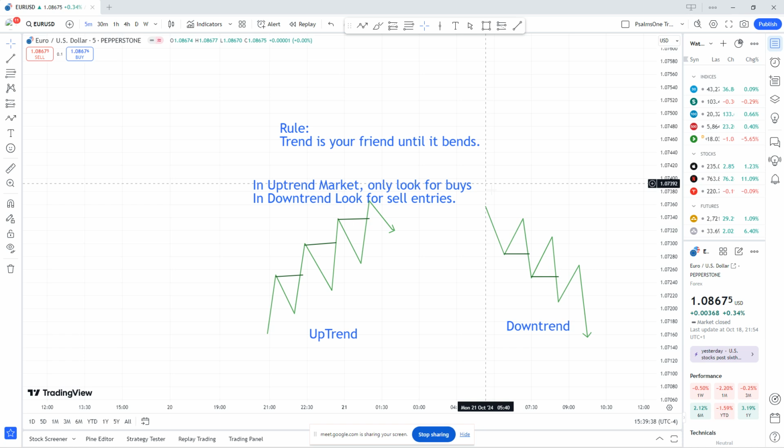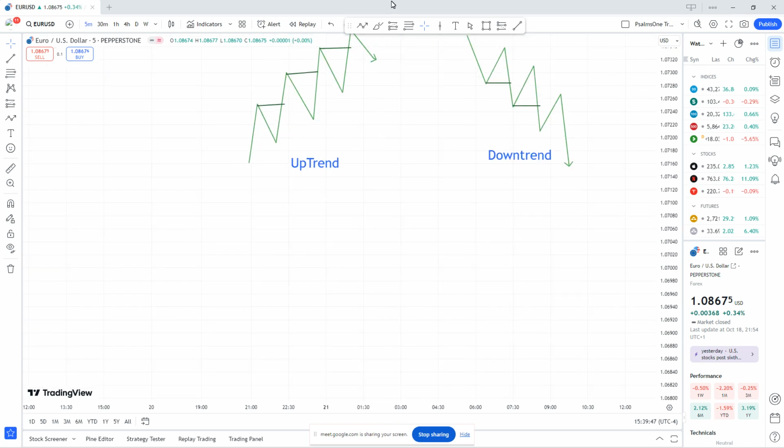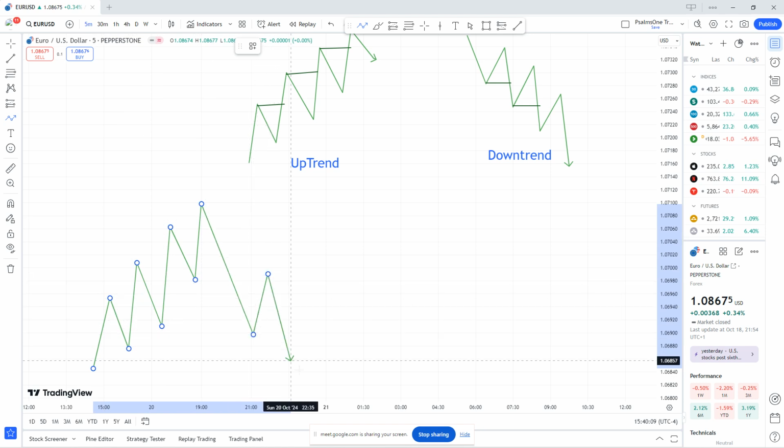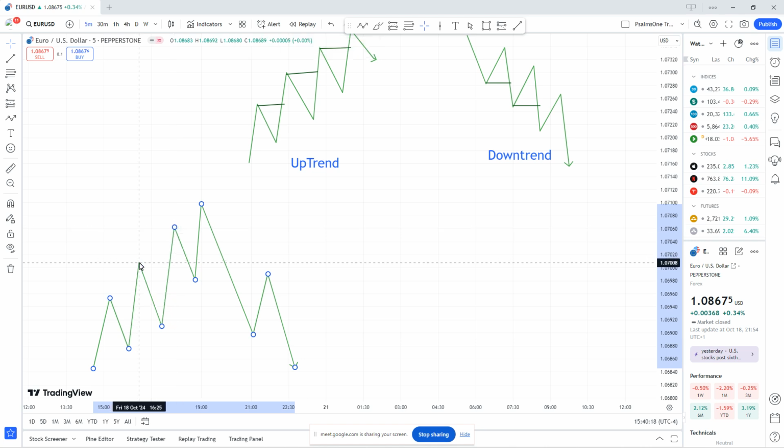What do we mean by that? Before we go into more complex ones, let me quickly mention this, because we are going deeper, and let me show how a trend bends. In an uptrend, the market can be going like this: higher highs, higher lows, higher highs. That is in trend. What do I mean by that?